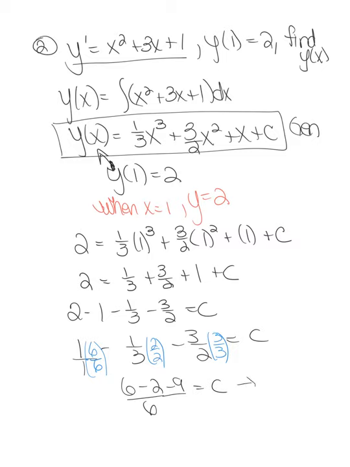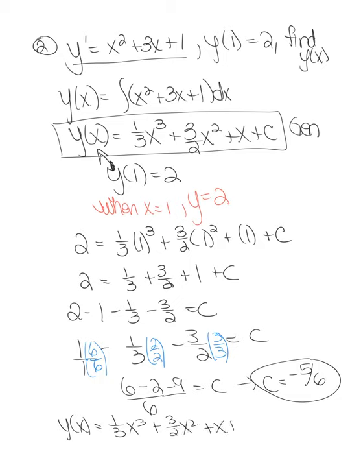So I get then that c is equal to negative 5/6, and remember that is not the answer. We're then going to take that, put it back into the general form, and we get that y of x is equal to 1/3 x cubed plus 3/2 x squared plus x plus c.